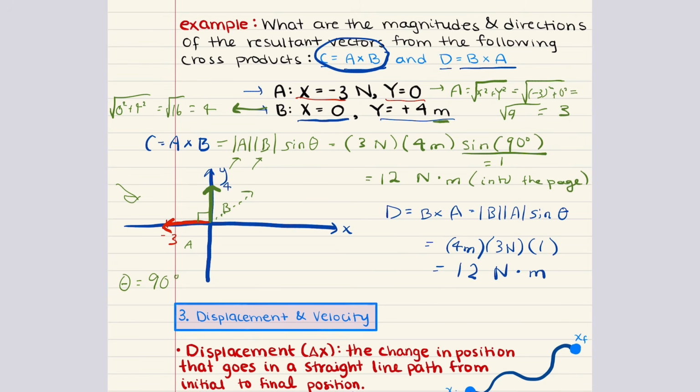And so the direction for vector D is out of the page. They have the same magnitude. The direction differs based off of the vector order that you're carrying out your cross product. So A cross B is different than B cross A, not in magnitude, but in direction. And that's how we're going to solve this problem.